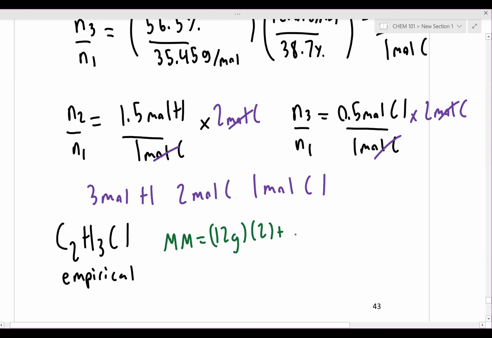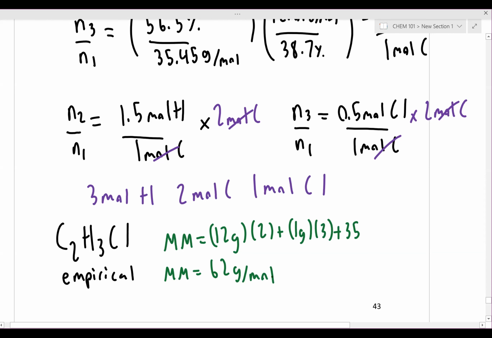Okay, we add 1 gram per mole times 3 for hydrogen, and chlorine is about 35. That in turn gives us the molar mass of our empirical unit to be 12 times 2 plus 3 plus 35. That gives us a molar mass of 62 grams per mole.